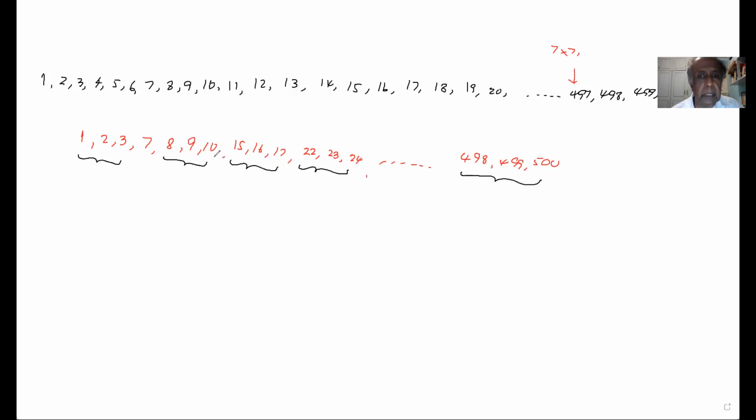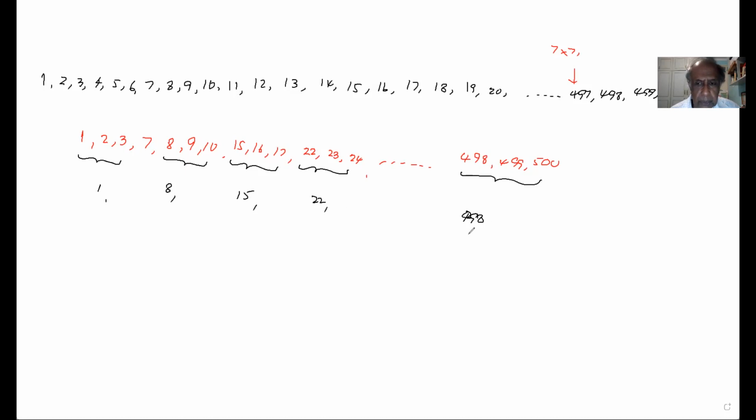You'll see that if you want to count the number of groups of 3, you might as well count just the first one from each group. And you got 1, and you got 8, and you got 15, and you got 22, and you got 498. These are the first numbers from each group. So the number of groups is equal to the number of numbers in that set.